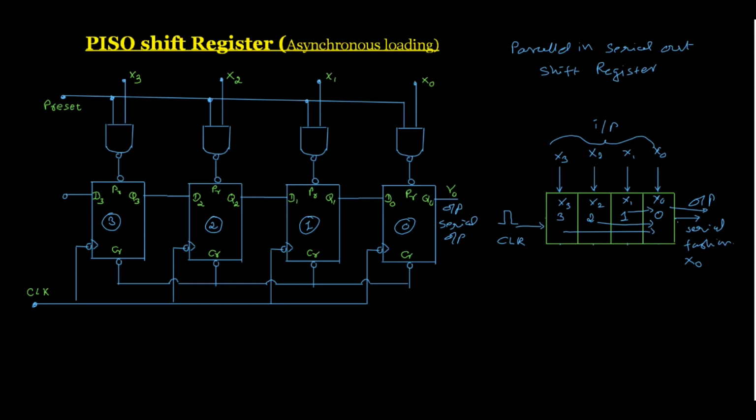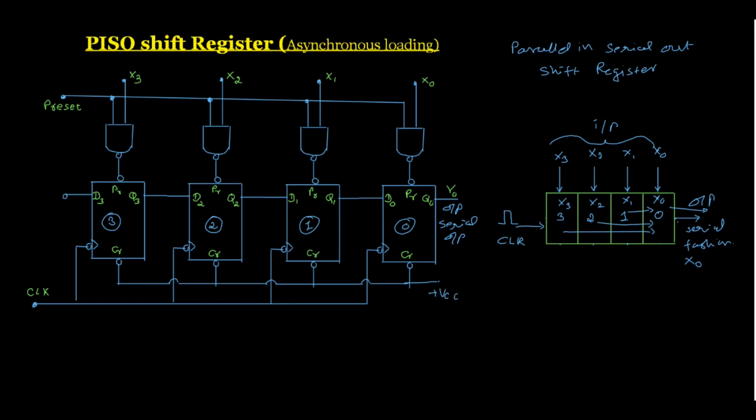Then you can see the clear inputs are also there on these flip-flops. Normally this clear input is connected to VCC, either VCC or 0 according to our requirement. So for normal operation, the clear has to be connected to plus VCC.